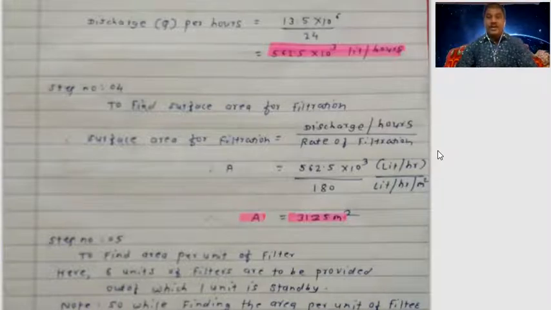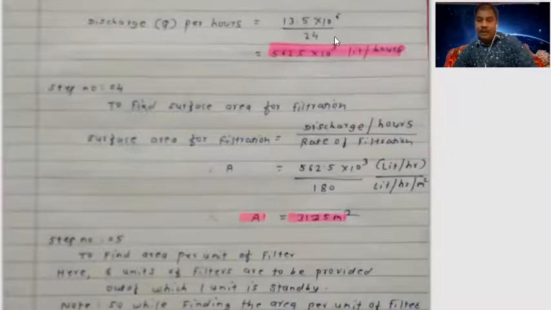So discharge per hour, that is Q, equals 562.5 into 10 to the 3 liters per hour. You have to convert liters per day to liters per hour by dividing by 24 because 1 day equals 24 hours.